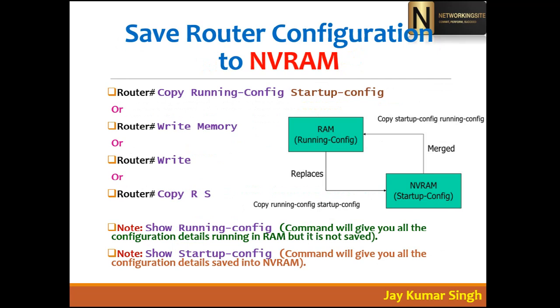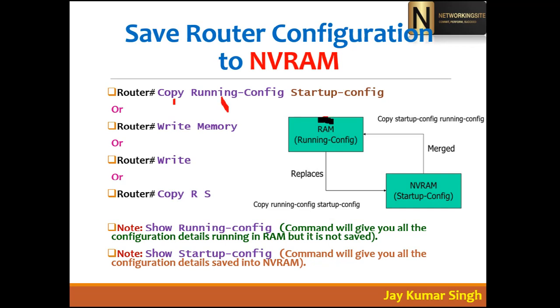After that we have some other commands. We have already seen how we can save our running configurations. Running config is for RAM, meaning whatever you are running and configuring on your router or switch is automatically saved in the RAM memory.